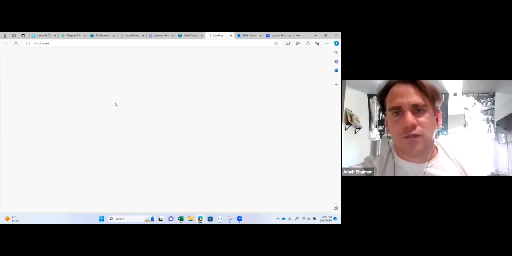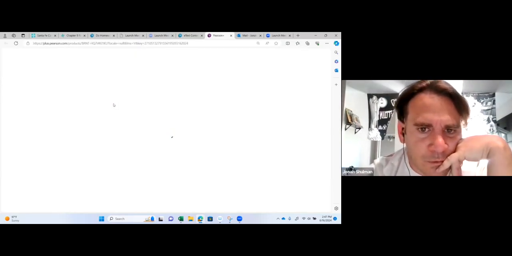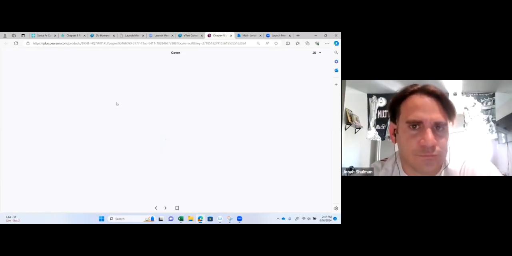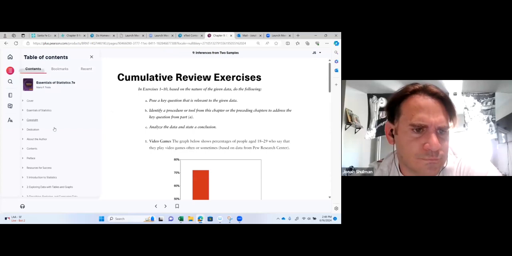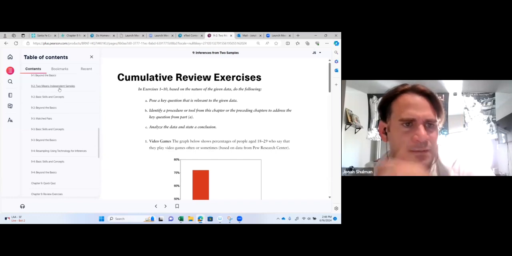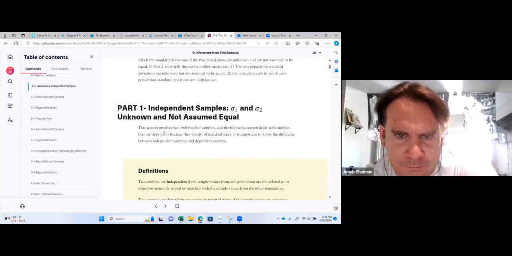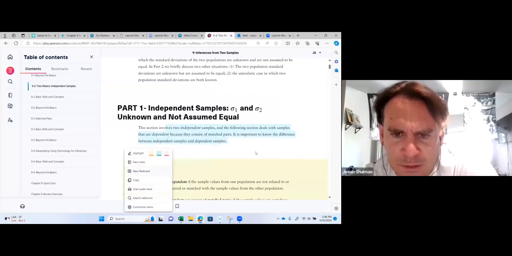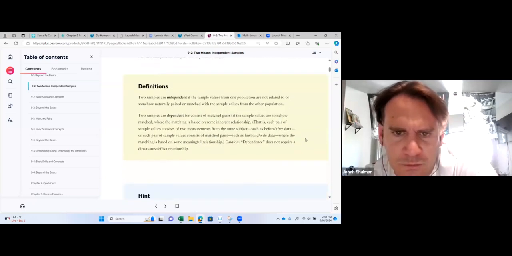All right, let's see how they say to do this with technology. We're in chapter 9, here with independent samples. Two samples are independent if the sample values from one are not related to the other. Okay, that's cool.